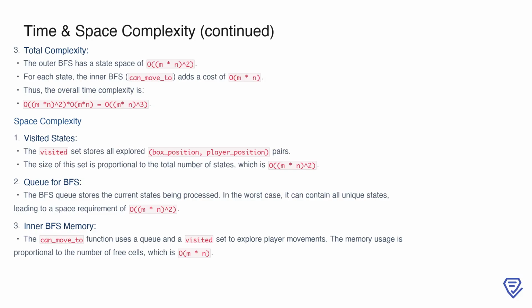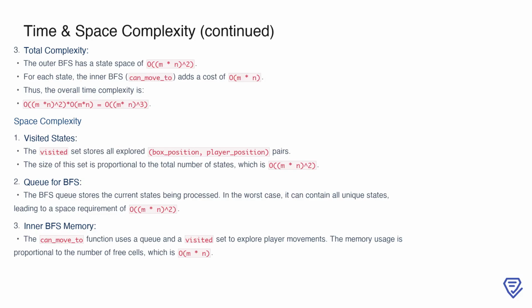Moving on to space complexity, the algorithm uses a visited set to track all explored (box_position, player_position) pairs. The size of this set is proportional to the total number of states, which is m times n squared.